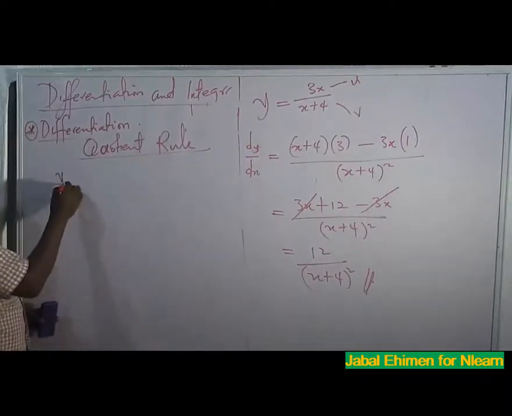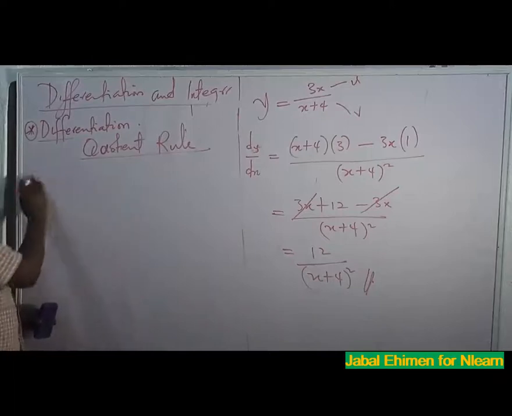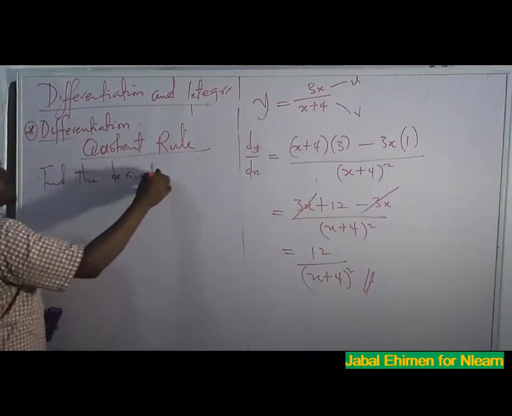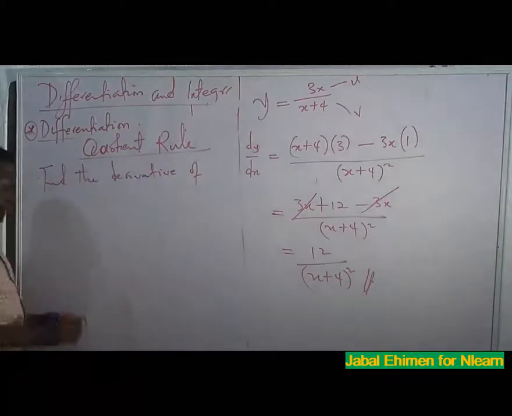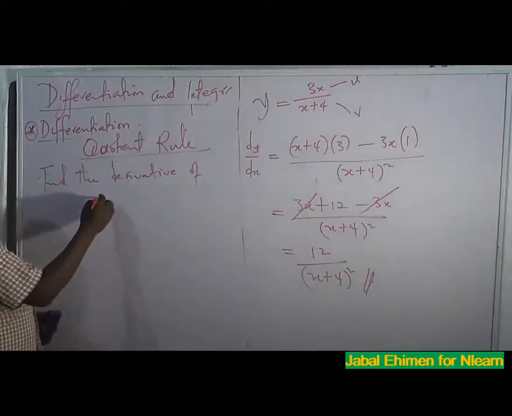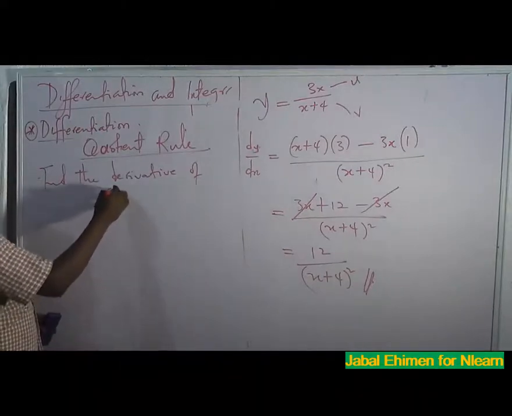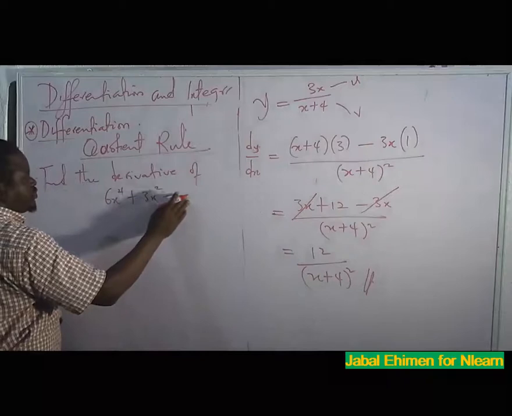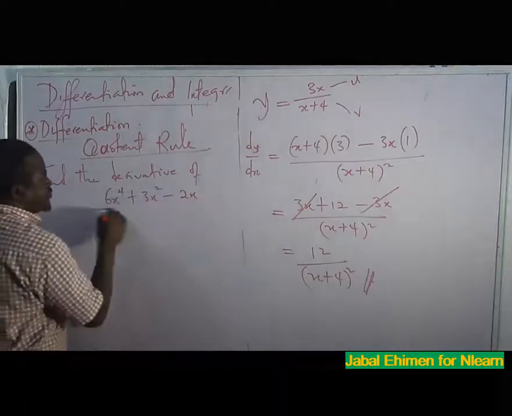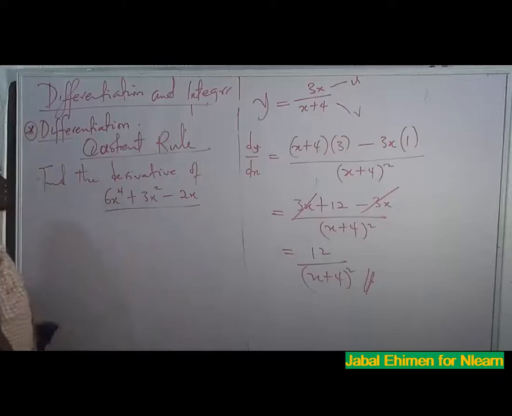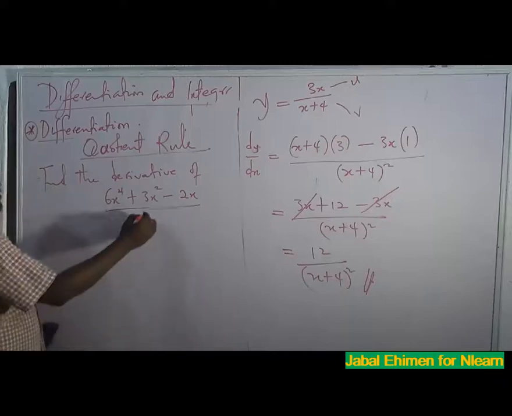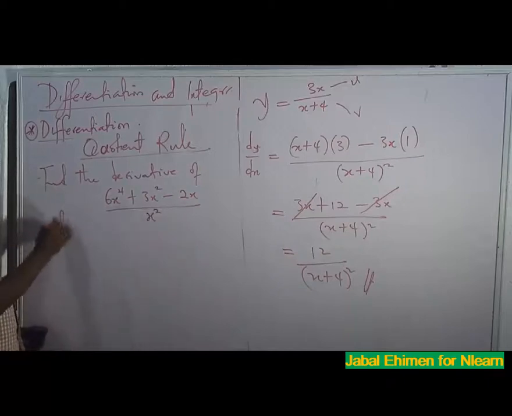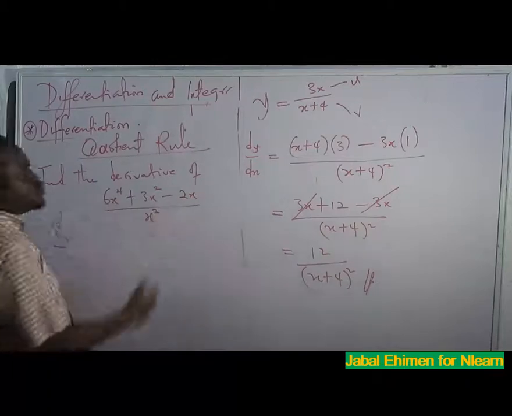Maybe you are told that you have to find the derivative of y equals 6x raised to power 4 plus 3x squared minus 2x, divided by x squared. So what you do for this is simple. It looks a little bit complex.